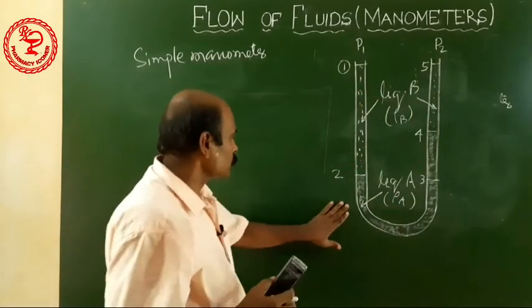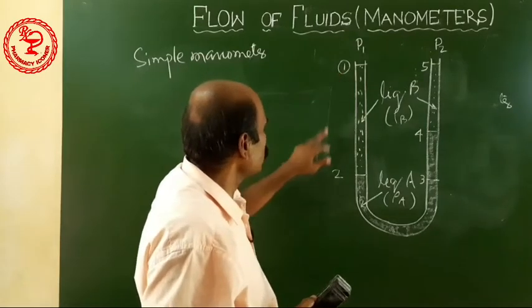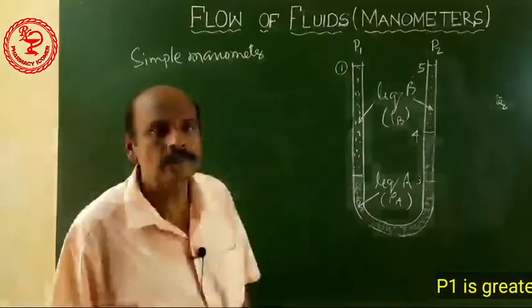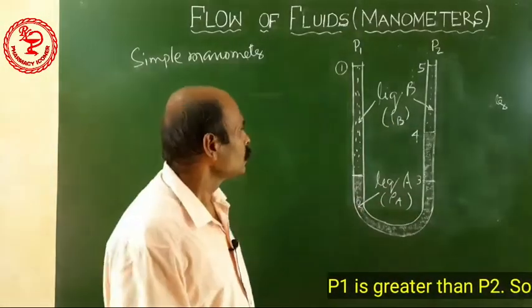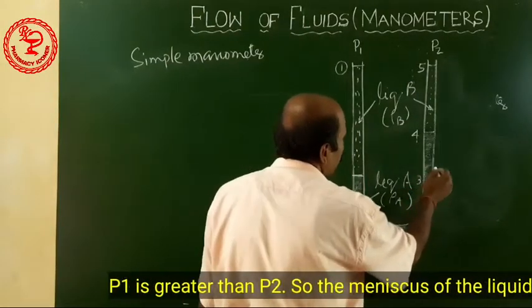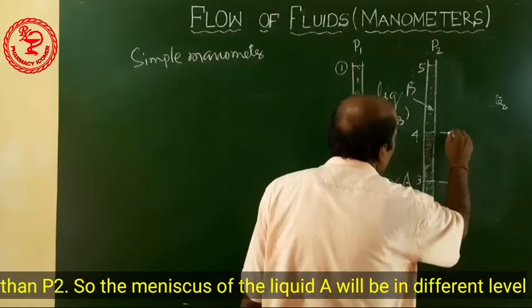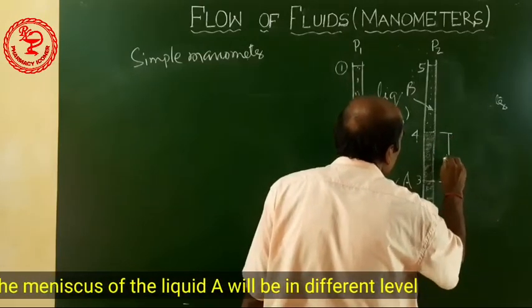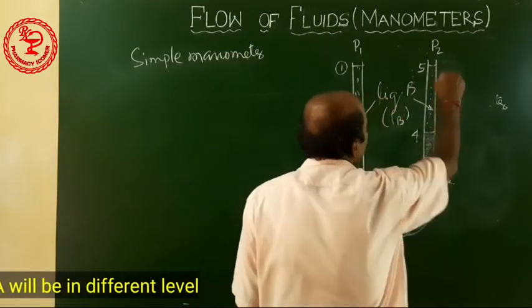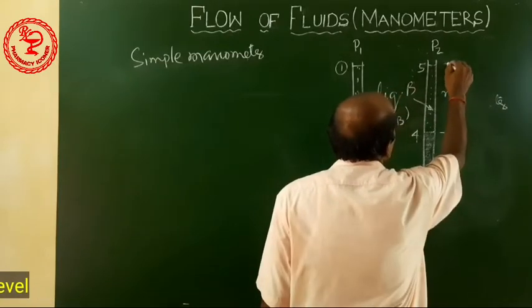We can consider the points 1, 2, 3, 4, 5. Now the height difference of the two menisci of liquid A is R, and from point 5 to point 4 the height is M.